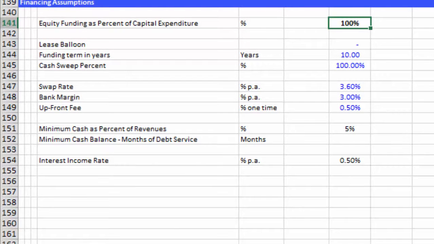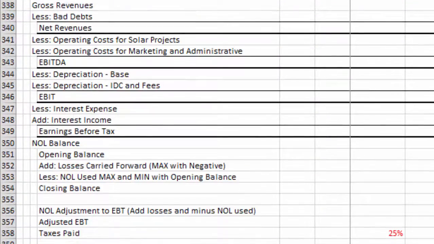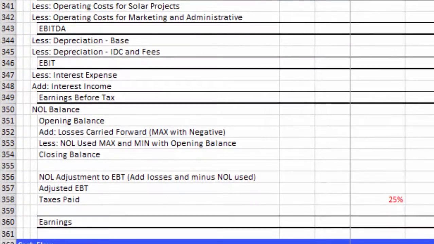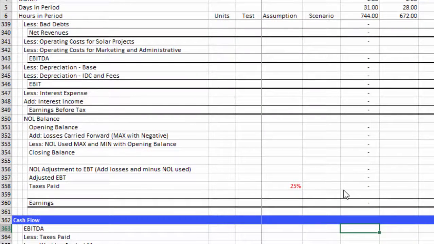So the idea is to go and balance the balance sheet. And once you've balanced the balance sheet with all equity, then you put debt in and see what happens.